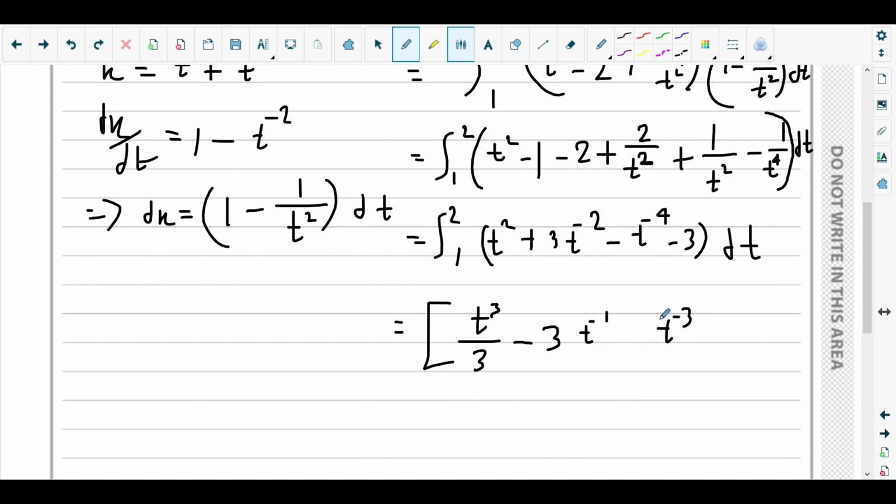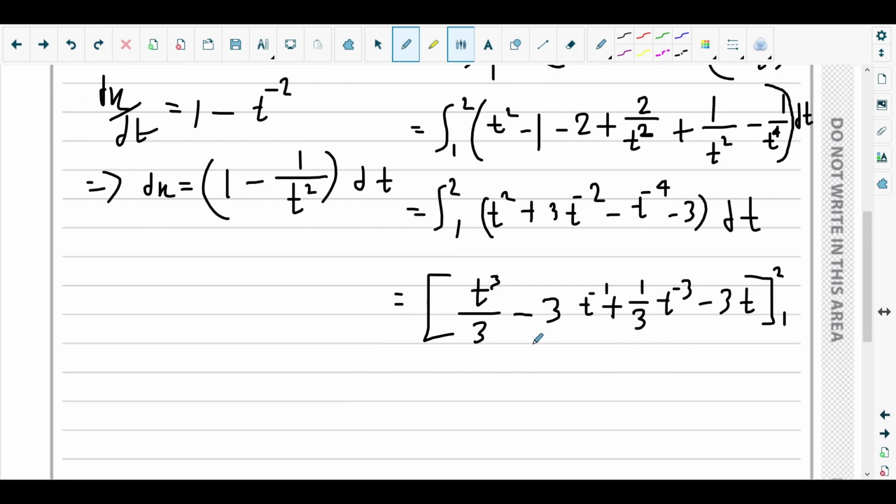Okay, so minus 1 over minus 3, that is plus 1 over 3 minus 3t. Upper limit is 2, lower limit is 1. This is the integration within the definite integral. Fine. Now your work is just to put the values for t into the definite integral.